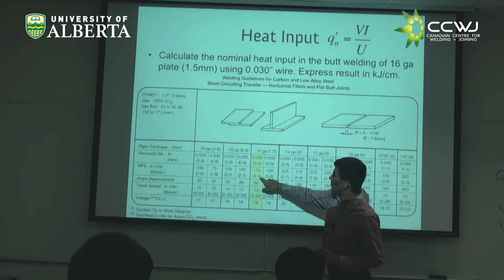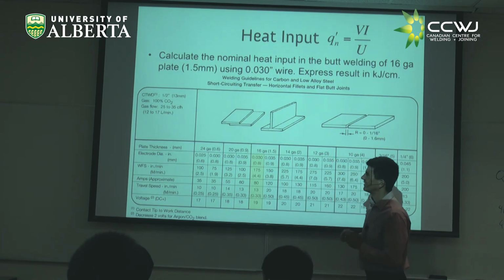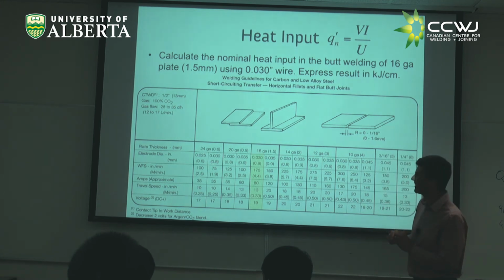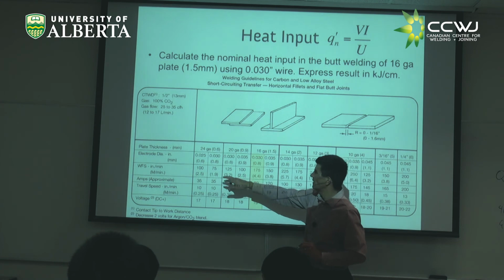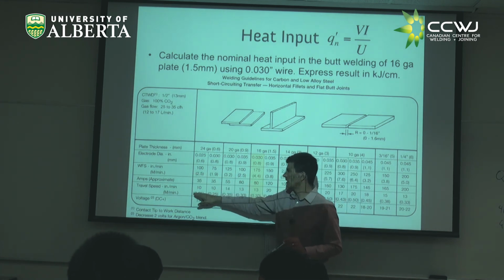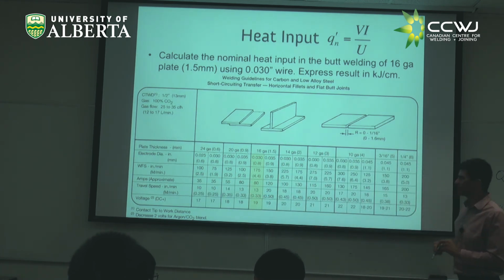The travel speed? 4.4 meters per minute. What's the difference between the one that says WFS and the other? Oh, sorry, this is wire feed speed. So you want the travel speed, right? Okay. What have you gotten?